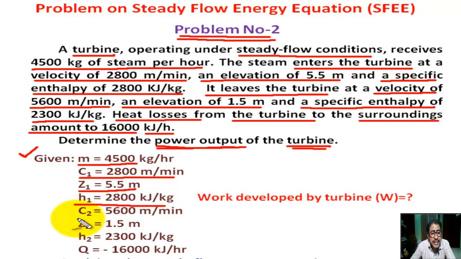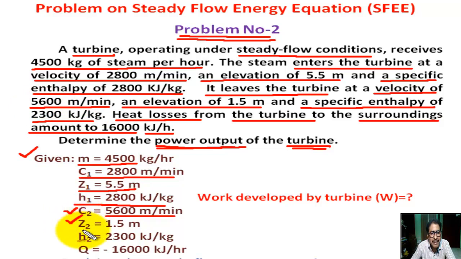Next, C2, steam velocity at outlet, C2 equal to 5600 meter per minute.